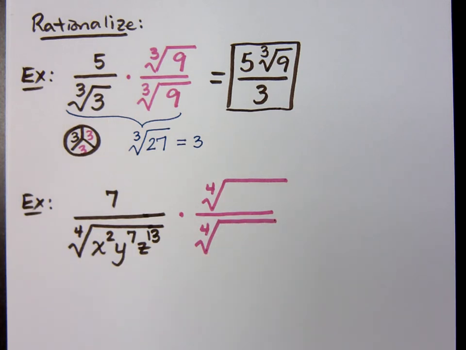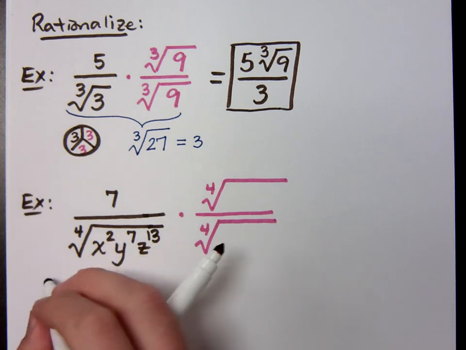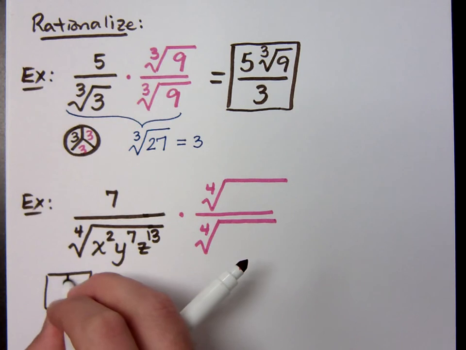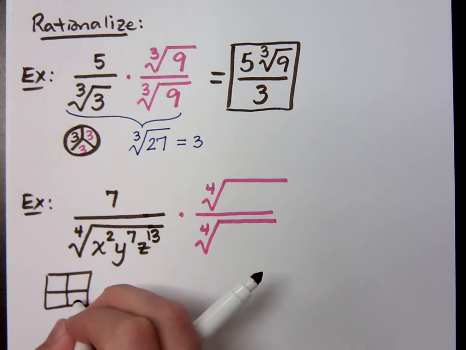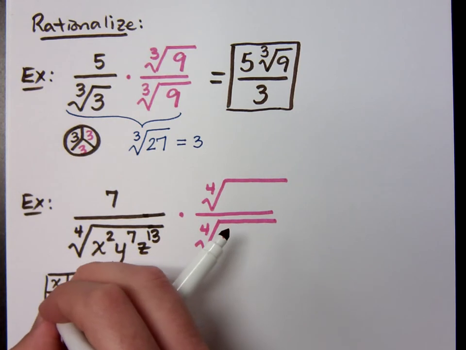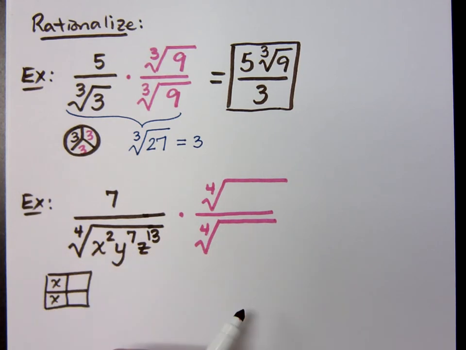Okay, now we got to think about this. For x squared, I have to have how many of the exact same factor? I have to have 4 of the exact same factor. How many do I have right now? I have 2. How many more do I need to complete this perfect 4th power? 2.